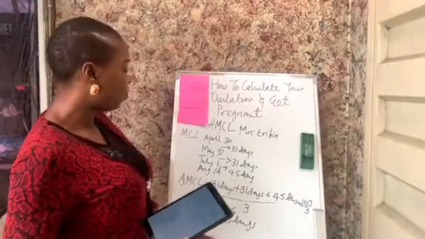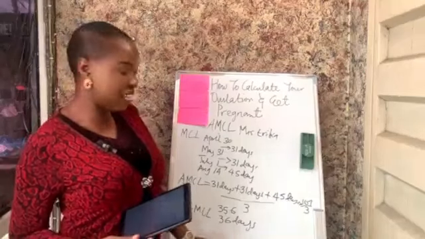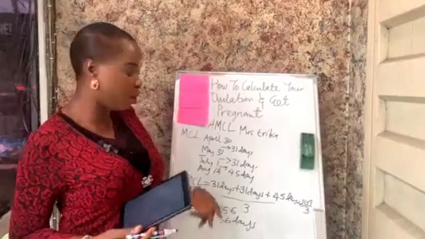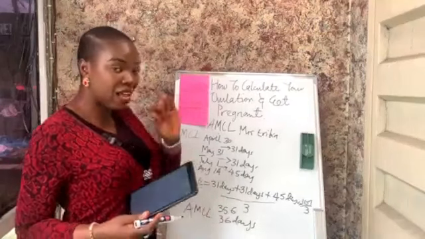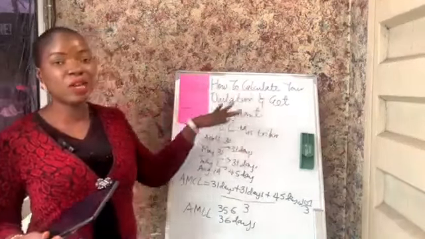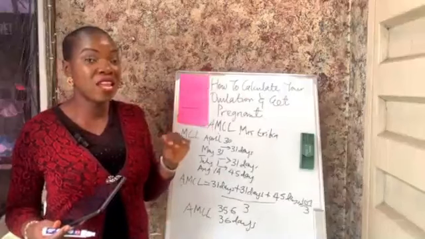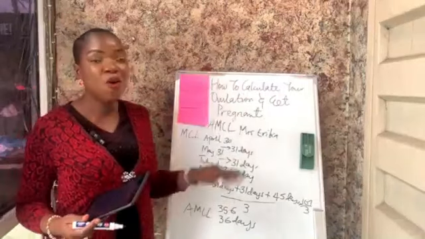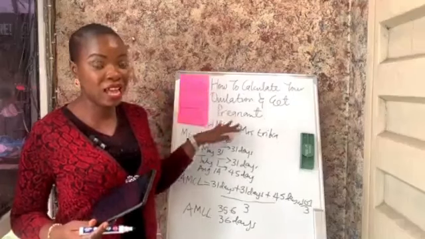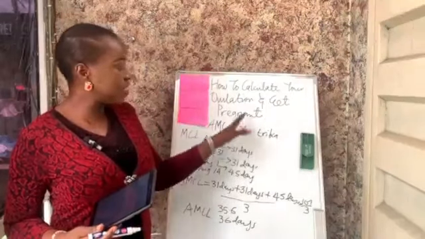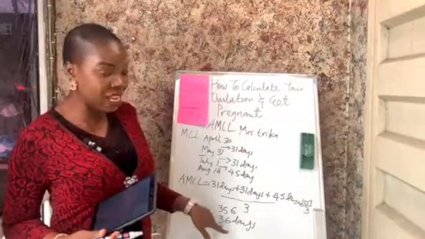So now, for a woman that is having a 36 days menstrual cycle length, what will be our ovulation date? Like I said, we are looking at cases for real women. So these are real ovulation cycle and menstrual cycle dates. So for Mrs. Erica, she is 36 days.